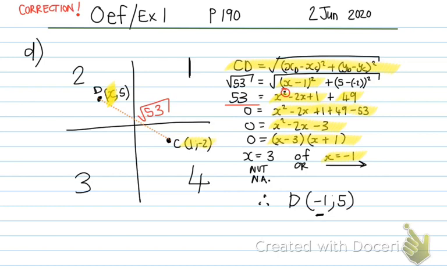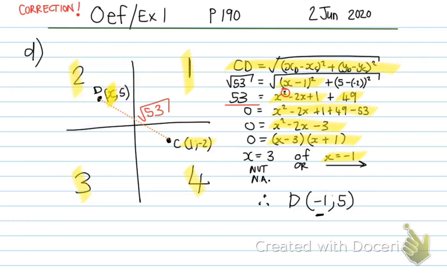Now I look back at my sketch and they said that this point is in the second quadrant. I marked the quadrants, quadrant 1, 2, 3 and 4. That's how you count the quadrants in the Cartesian plane. The second quadrant is this quarter right here.